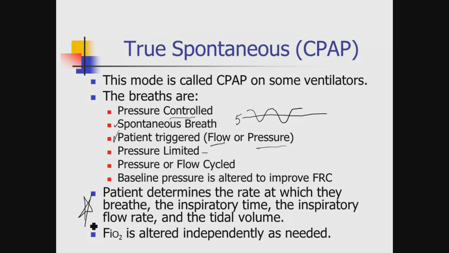What their rate is, what their tidal volume is, what their inspiratory time is, all of that's determined by the patient. The ventilator, in a sense, is just sitting there. If you want to think of it, you guys all know what a T-piece setup is, right? Where you hook up an aerosol and they're breathing spontaneously. It's an electronic T-piece.